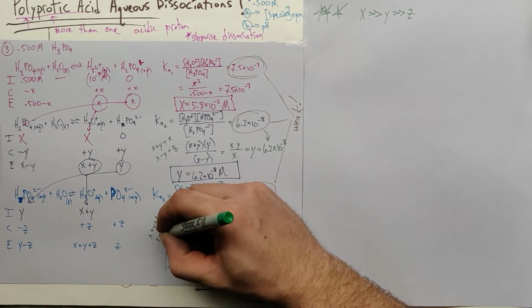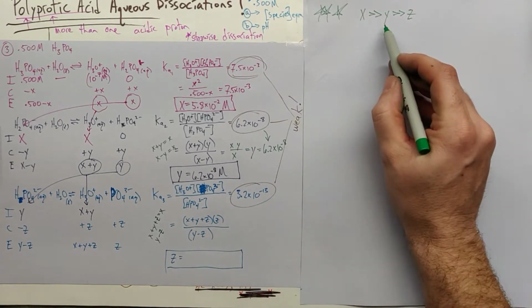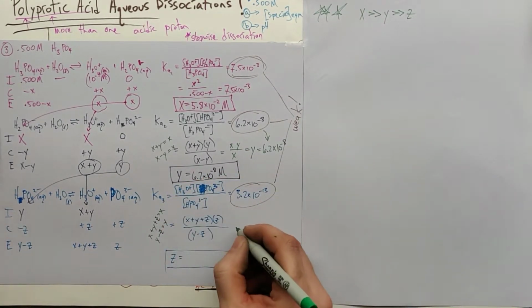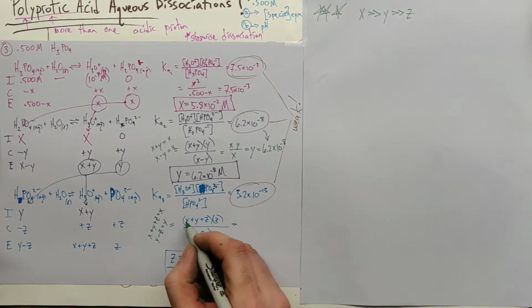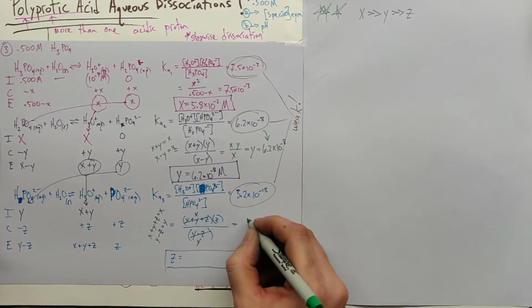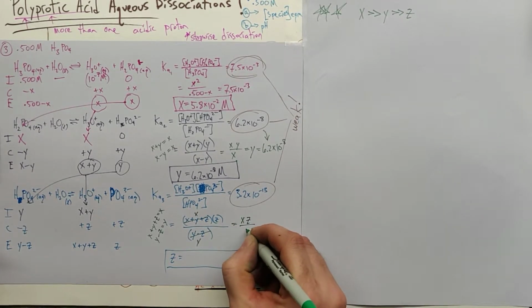And y minus z, since y is much greater than z, is for all practical purposes y. So in this particular case, this turns into x, this turns into y, and then we have z. So it becomes xz over y.